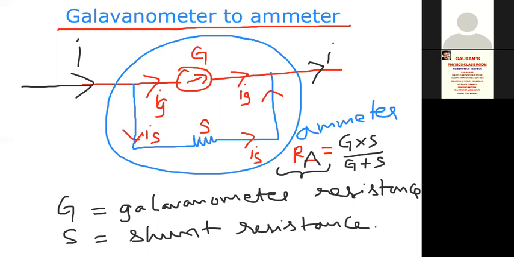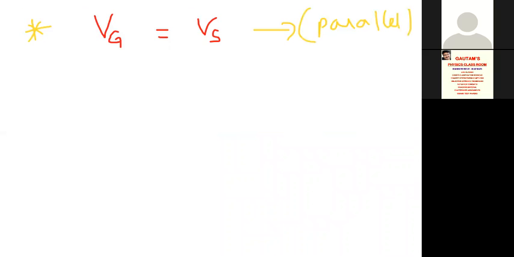Now we are converting galvanometer to ammeter. That is our target. Now coming to this topic. We connected in parallel, we told. We know that in a parallel combination, the potential across the galvanometer will be equal to the potential across the shunt. Because they are in parallel combination, the potential difference will remain the same.